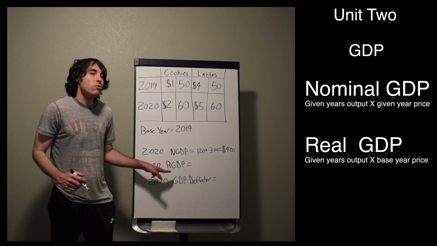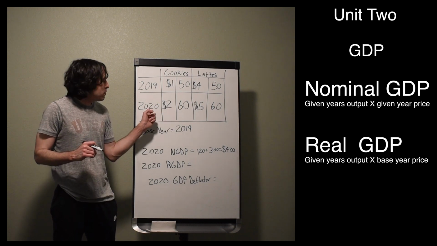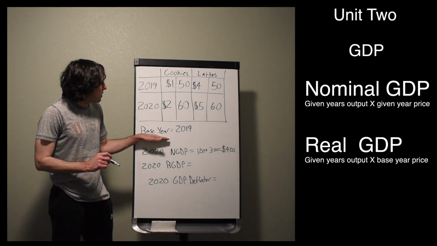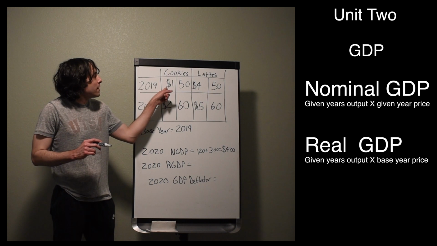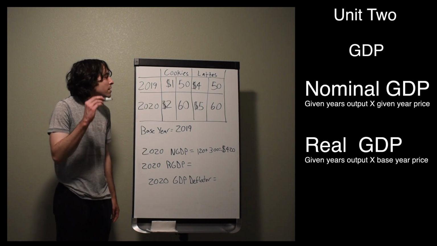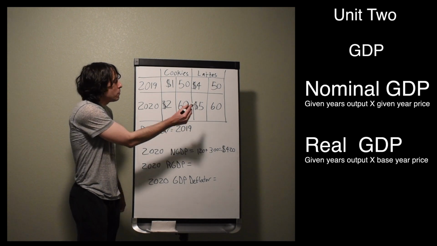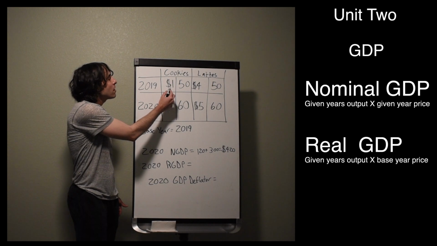Now we're going to get the real GDP. To find real GDP, we take the same output. We're still looking at the same year, 2020's output, but now we're going to multiply it by the price in the base year. And for this example, 2019 is the base year. So we're going to pretend like prices never changed from 2019. So for real GDP for 2020, using 2019 as a base year, we take the 60 cookies that we made in 2020, but multiply it by how much they cost back in the base year.